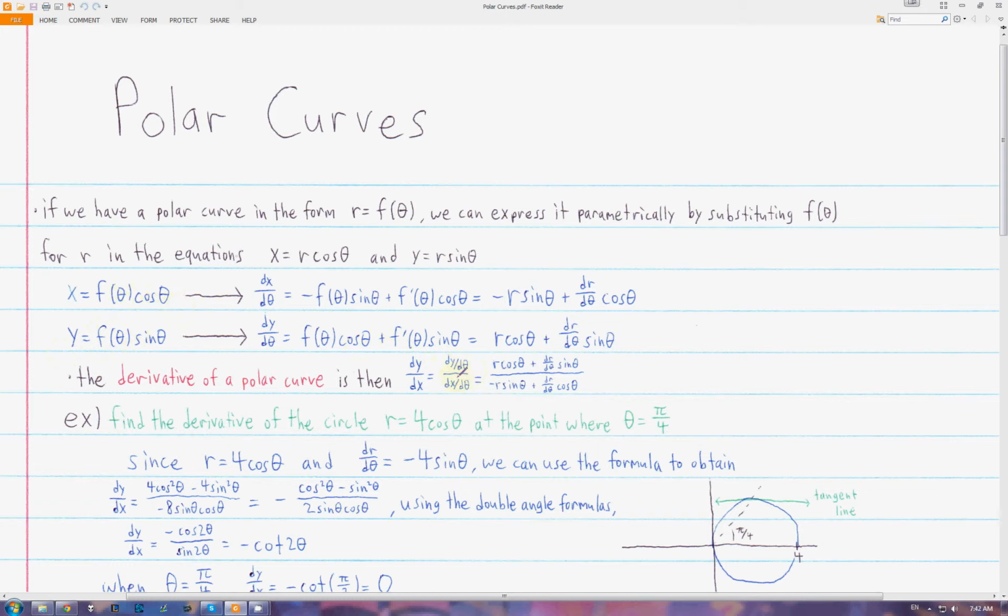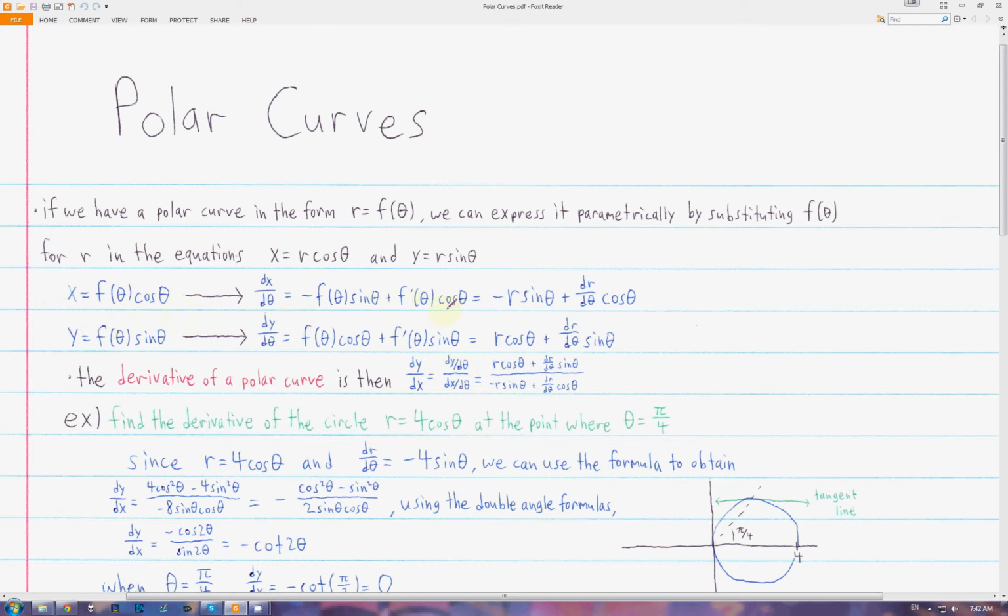Since the parameter is theta instead of t, the equation for the derivative becomes dy/d theta divided by dx/d theta. And then to find these, we just differentiate these two expressions with respect to theta using the product rule.